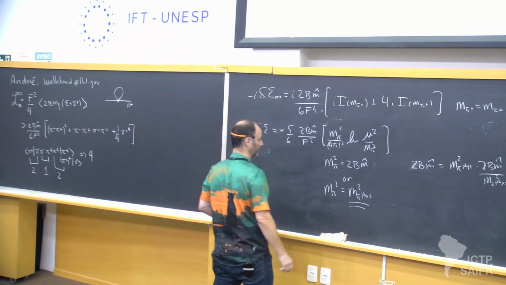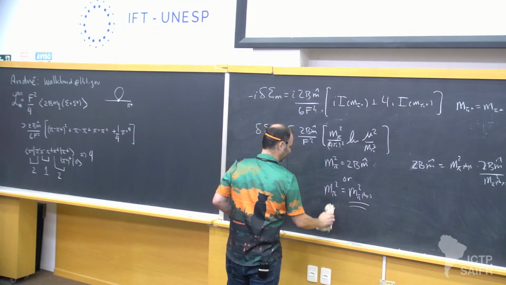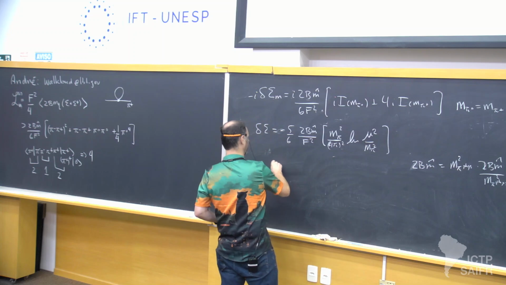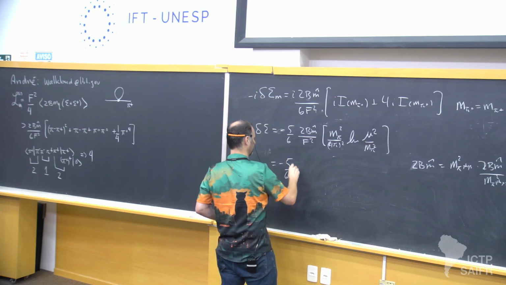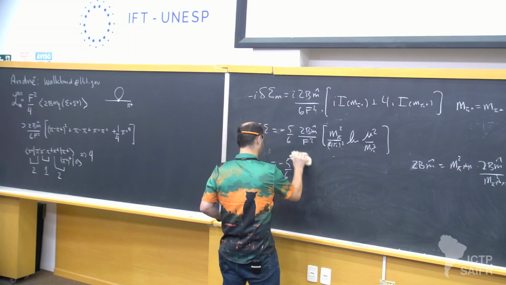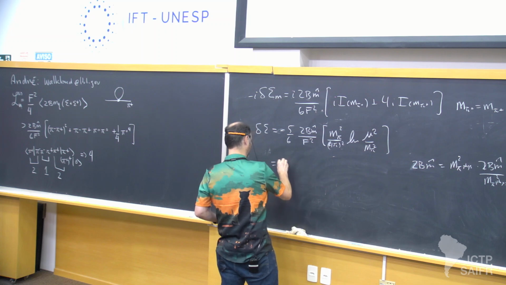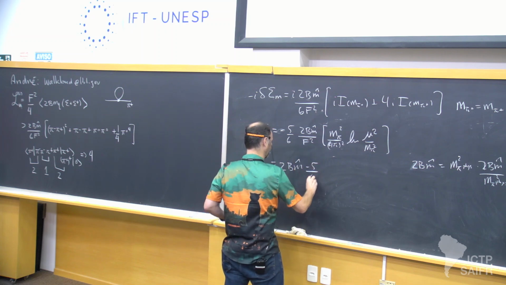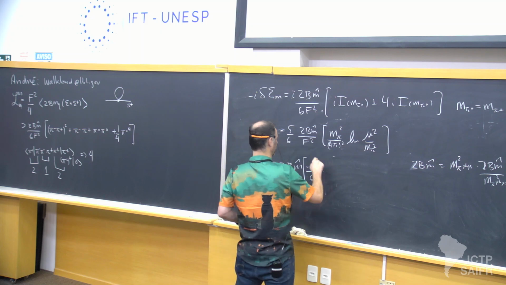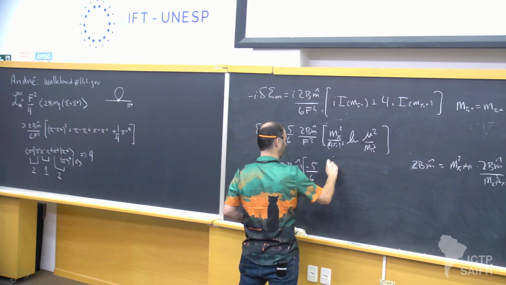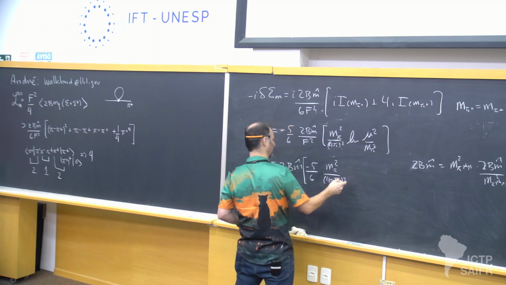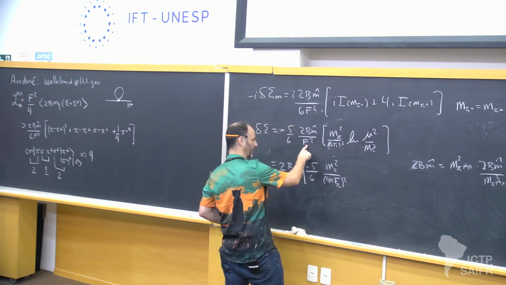Now, let me just rewrite this expression one more time. I have 2b m hat minus 5 over 6 times, I'm going to take the f in here, and now I'm going to have m pi squared over 4 pi, and now I'll just call this f pi, which has higher order corrections compared to f.